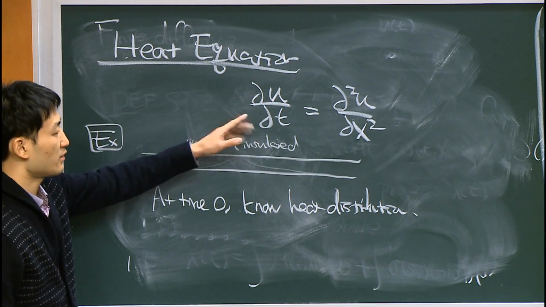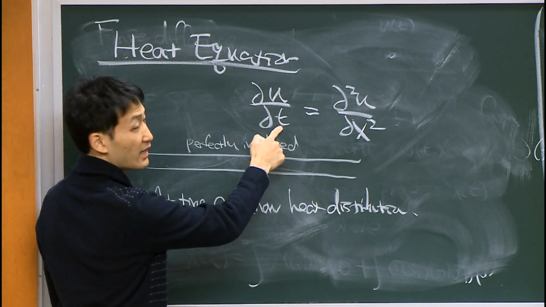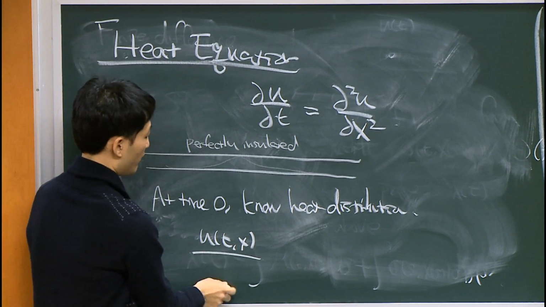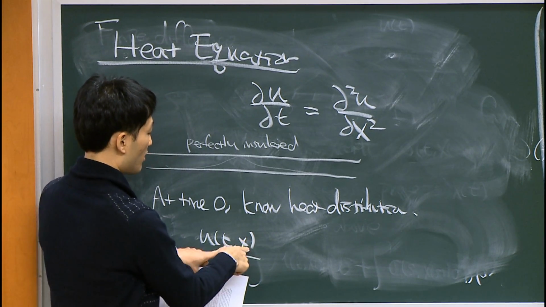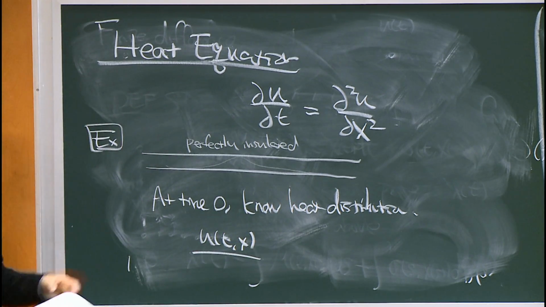Then this equation tells you how the heat will be distributed at time t. So u of t of x, for fixed t, is the distribution of the heat over the x-axis. That's why it's called the heat equation; that's where the name comes from. And this equation is very well understood. It does have a closed form solution, and that's what I want to talk about.